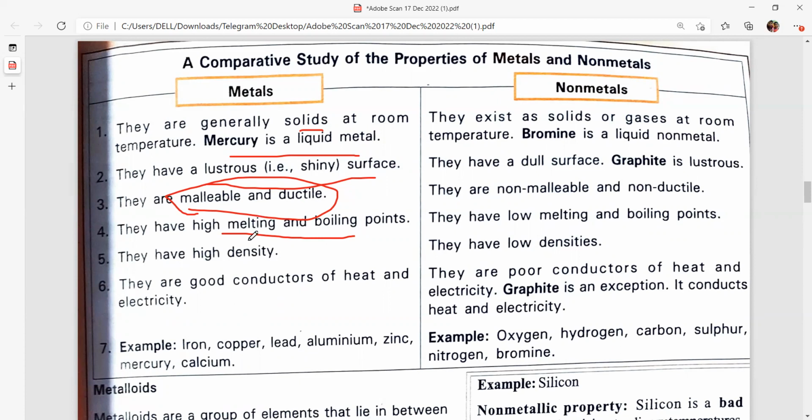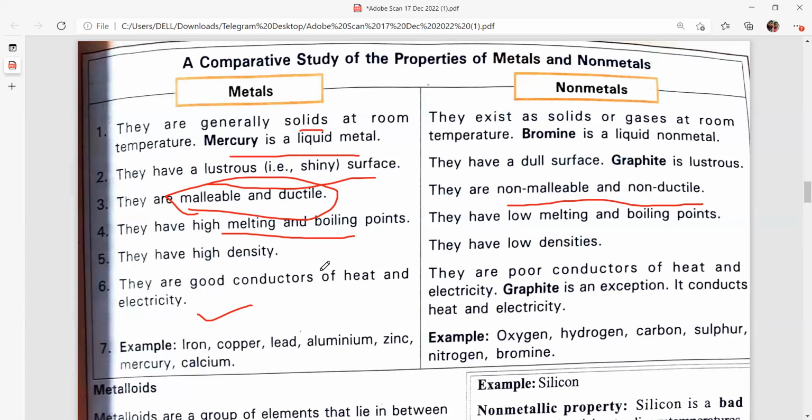And they are good conductors of heat and electricity. हमारे जो copper wires होते हैं वो metal है ना. Malleability means metals can be hammered or made into thin sheets, and ductility means wires. But non-metals cannot be made into thin sheets or wires.